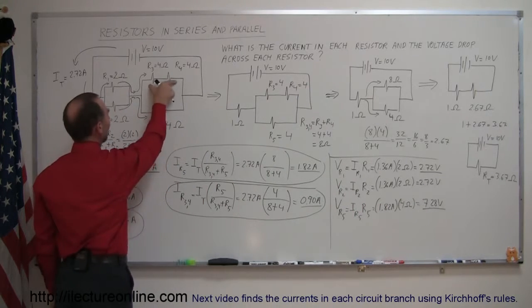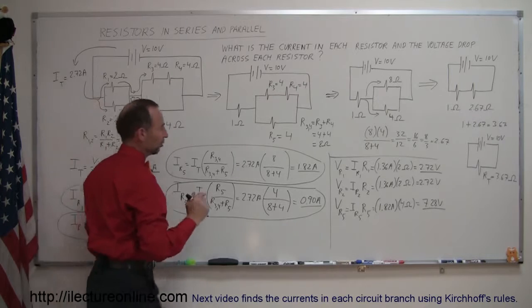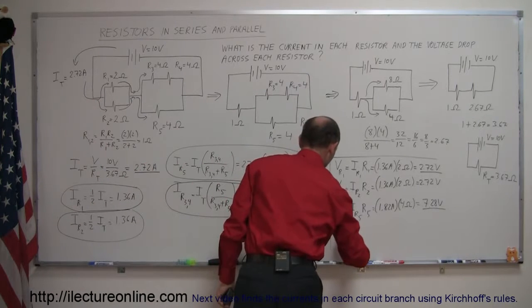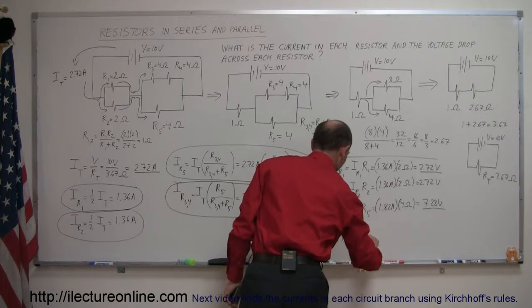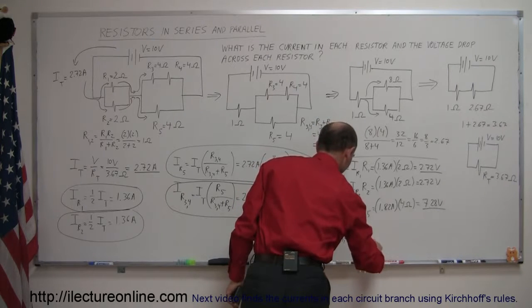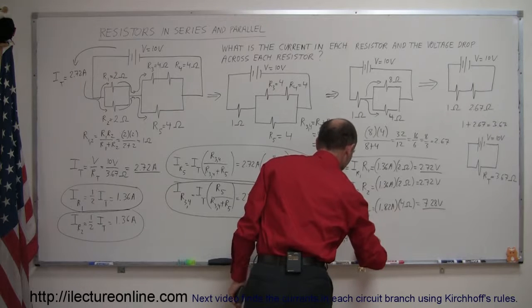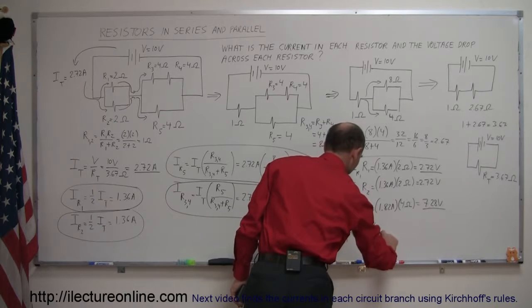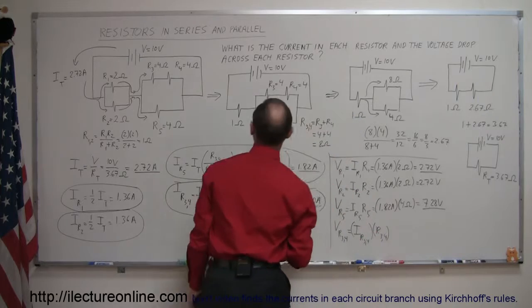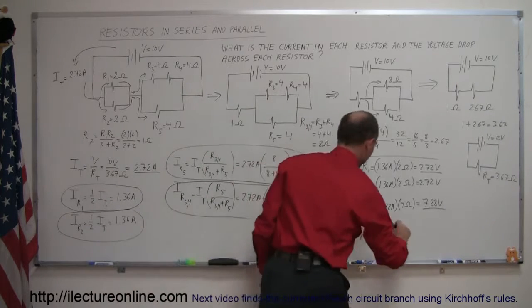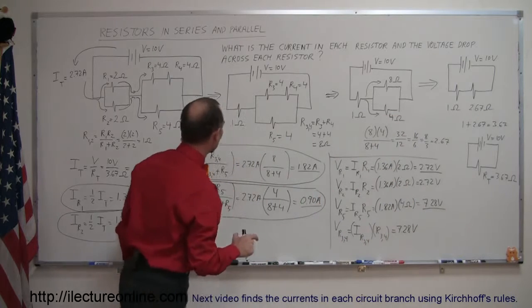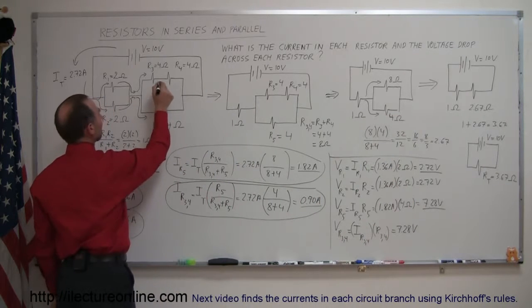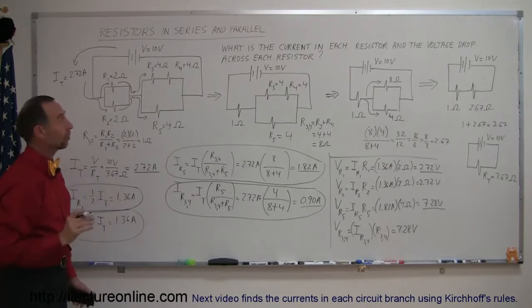And the voltage across the branches must be the same as well, which means that the voltage drop across R34, the two resistors combined, is I through R34 times R34, and that should of course be the same. So that should also be 7.28 volts because the voltage drop across branches must be the same. But now the voltage drop is divided between those two resistors and they're the same in size.